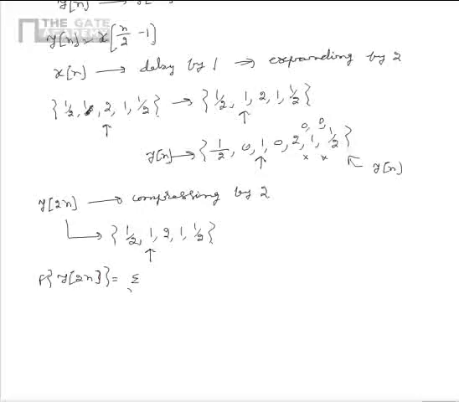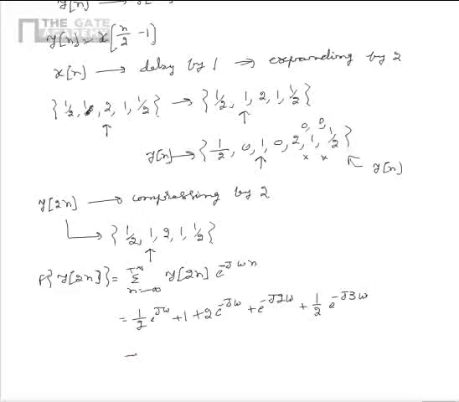Now we have to find the Fourier transform of y of 2n, which can be written as sigma n equal to minus infinity to plus infinity y of 2n multiplied by e power minus j omega n. This can be simplified as half e power j omega plus 1 plus 2 e power minus j omega plus e power minus j2 omega plus half e power minus j3 omega.